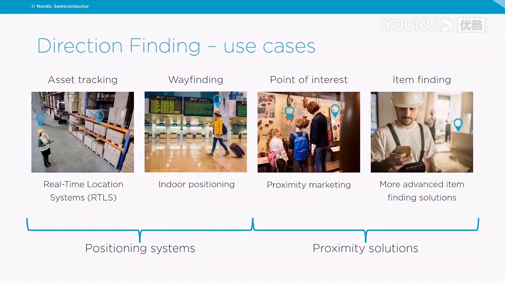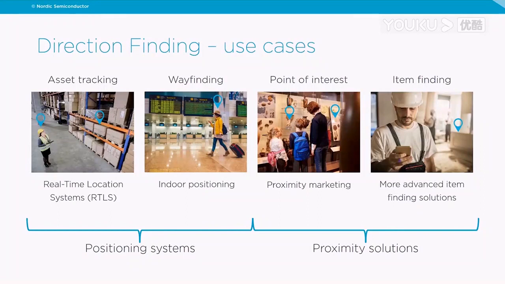which can be used in, for example, museums, so that you can have beacons or tags in different items in the museum, and when you approach it with your smartphone, you get some information about the item you're looking at.